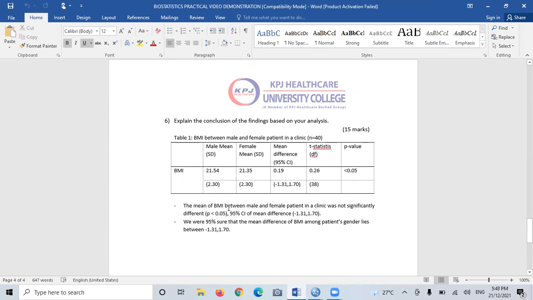So the mean of BMI between male and female patients in a clinic was not significantly different, where p is more than 0.05. The 95% CI of the mean difference is negative 1.31 to 1.70. So we are 95% sure that the mean difference of BMI among patients' gender lies between negative 1.31 and 1.70. So that's all from me.